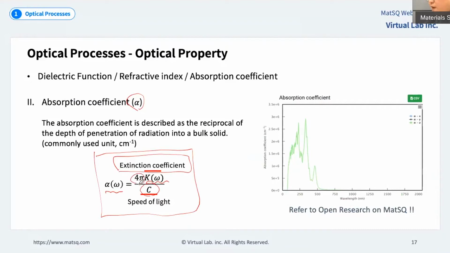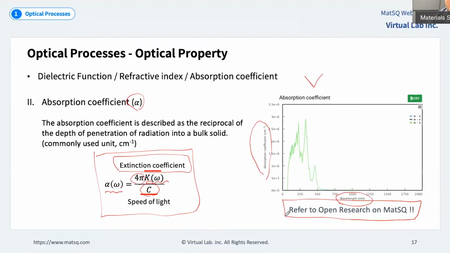This figure also came from the Materials Square optical properties calculation module, so you can check the absorption coefficient as a function of wavelength. If you want more details, please refer to the open research page on Materials Square.